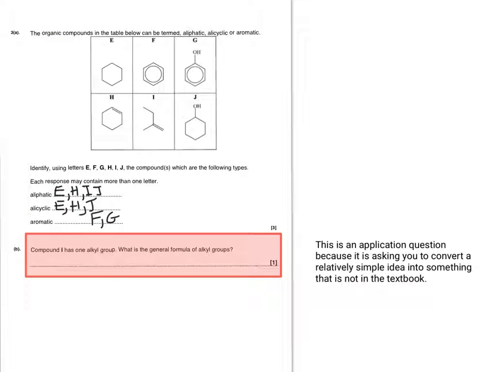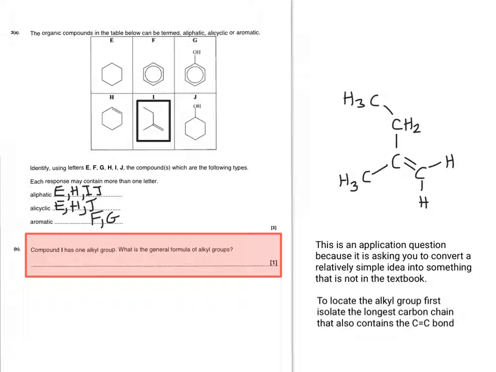This final bit is an application question because it's asking you to convert a relatively simple idea, an alkyl group, into something that is not in the textbook. It refers you to compound I. To locate the alkyl group they're talking about, you first need to isolate the longest carbon chain that also contains the C=C double bond.